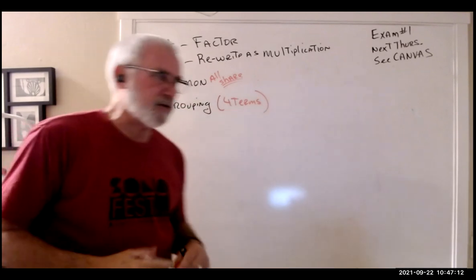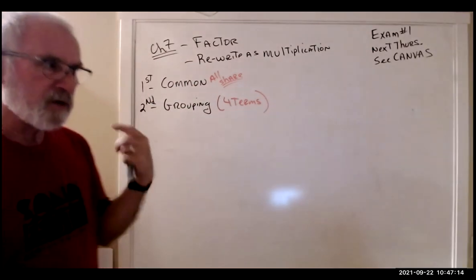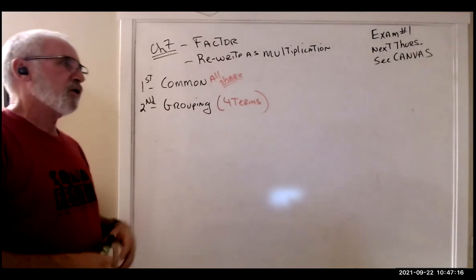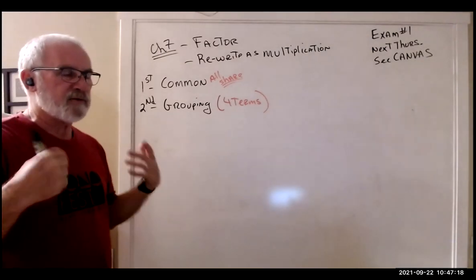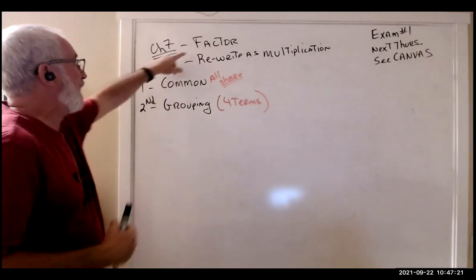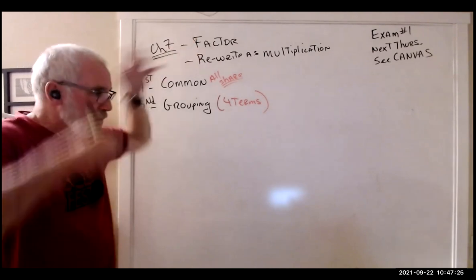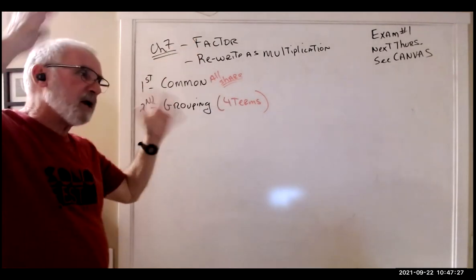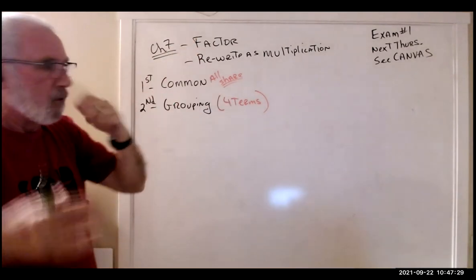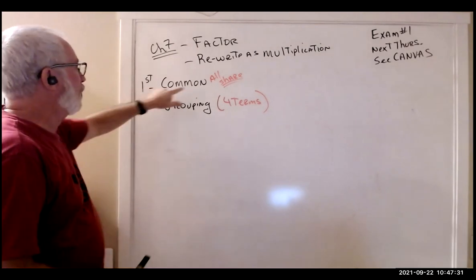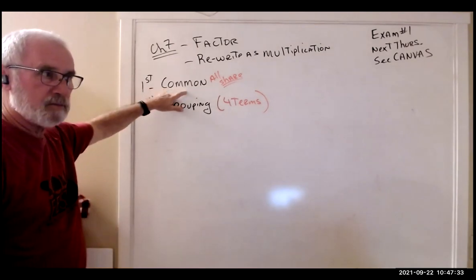That's one of the things you're going to get confused with: we're going to have, like I said, 5 or 6 different factoring techniques. And you're going to be pulling your hair out going, what do I do first? What do I do second? Oh my God, what do I do? Well, the first thing you always do is look for what they have in common.